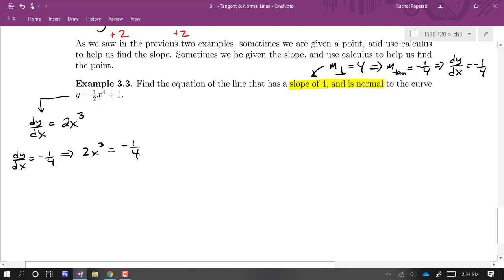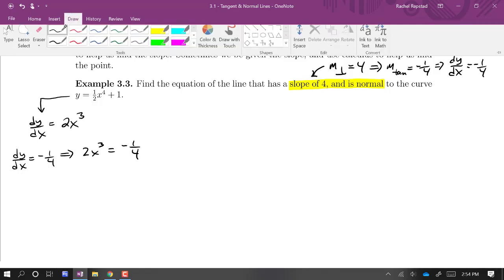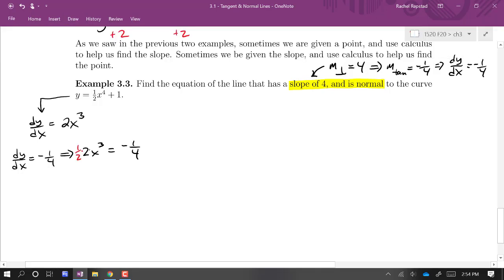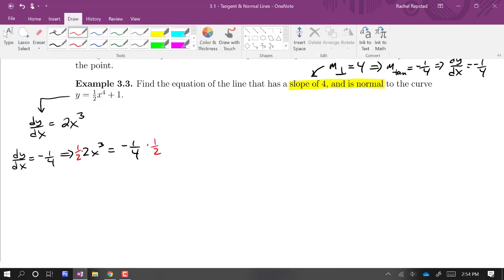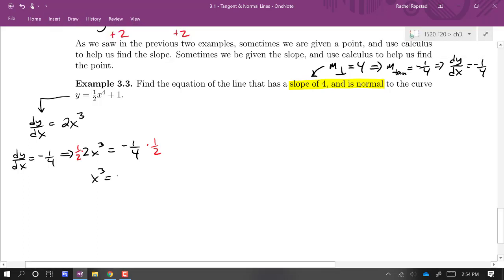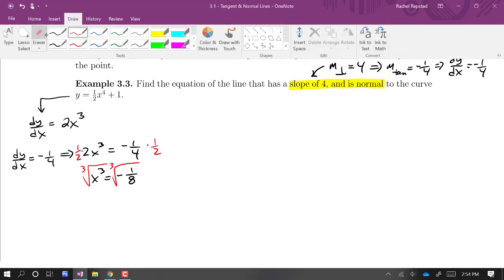We're just setting the derivative equal to this value, and we can find out what x coordinate that happens at. So let's divide by 2 or multiply by 1/2. So we get x cubed is negative 1/8. We could take the cube root. The cube root of negative 1/8 is a negative 1/2.